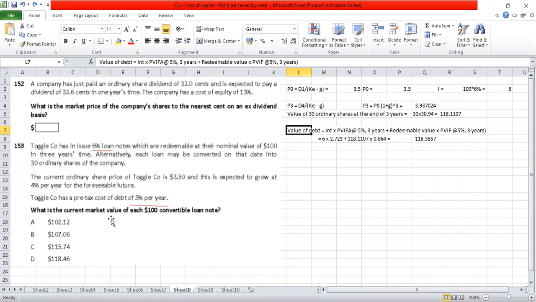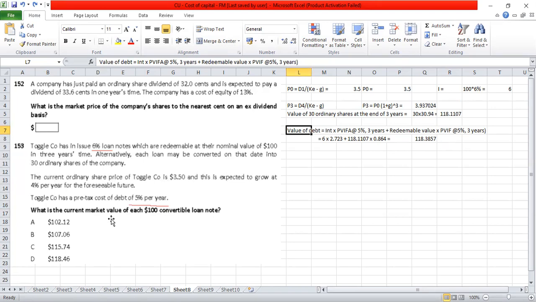When we calculate the value of shares at the end of 3 years, that is P3, we got the value to be 3.937 and so on.